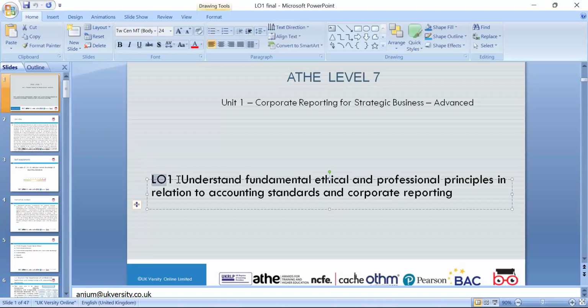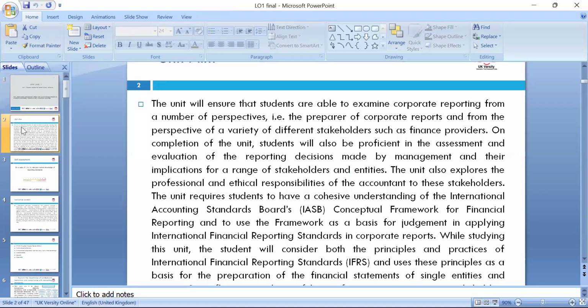LO1 is to understand the fundamental ethics or ethical principles. Ethics are the moral principles, which are crucial when working in accounts and finance, and as a member of any awarding body, especially ACCA, IFA, AAT, or any other awarding body. Of course, this unit will enable you to understand the different accounting standards and how to meet the needs of different stakeholders.